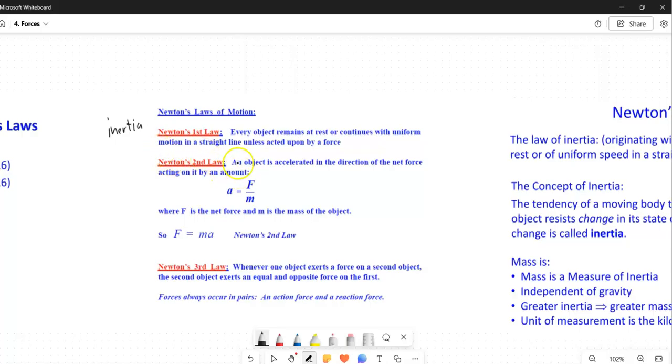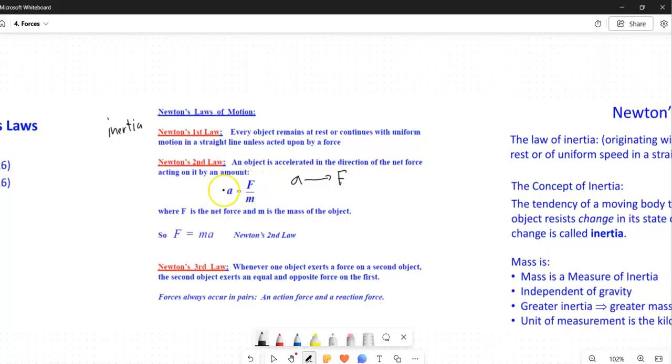The second law refers to basically the mathematical relationship between force, mass, and acceleration. Prior to this moment, we have been basically referring to acceleration as a force, or really been talking about acceleration as coming from a force. But now what we have to do is think about the mass of the object as well.